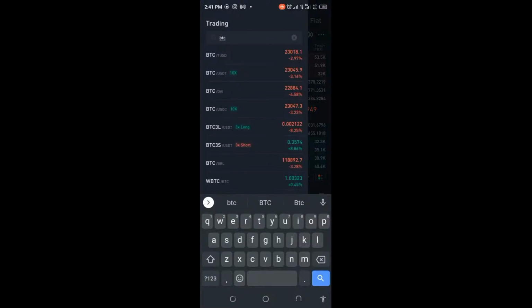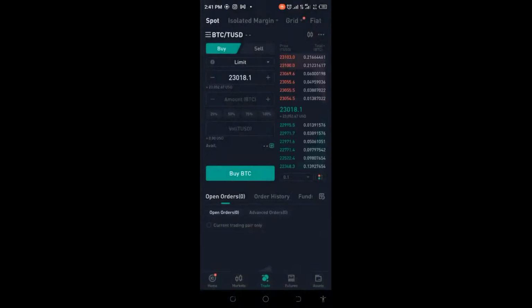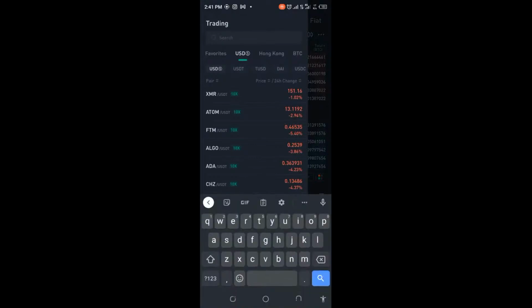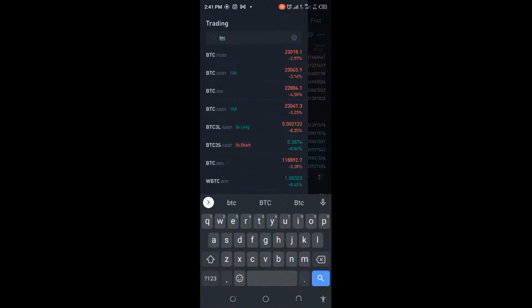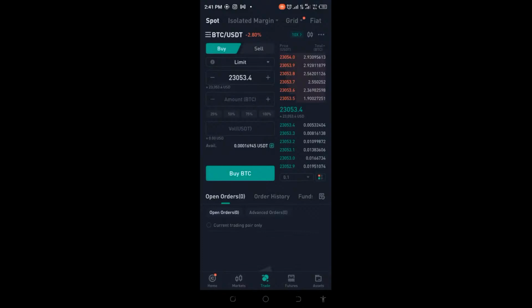Although if I do that, no, this is not what I want. BTC USDT, that should be this. If I try to sell my BTC, what will I get? I will get 25.55, okay?